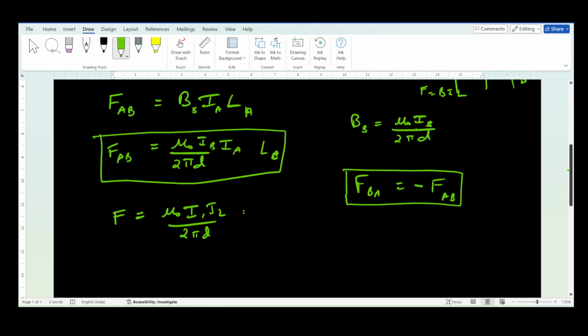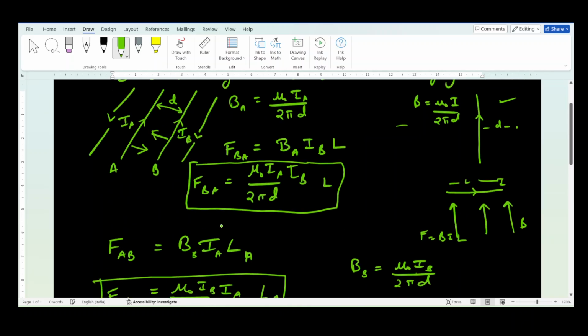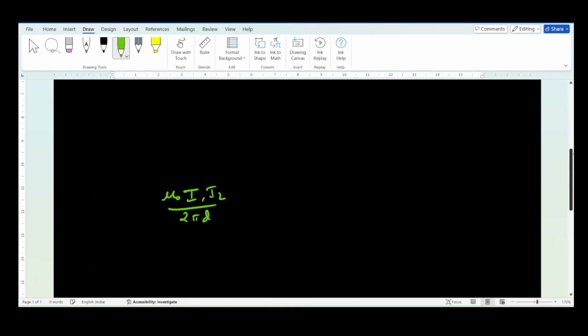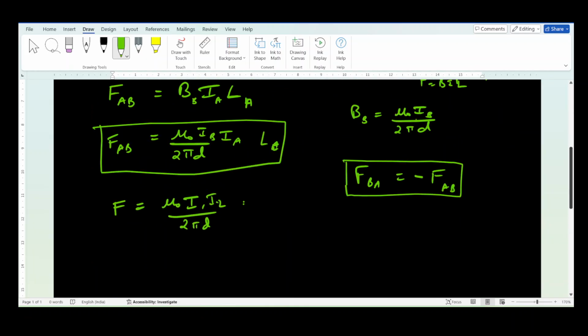I can take this length over here divided by L. So that is what we have. So force per unit length, I can talk about force per unit length, which is mu naught I1 I2 divided by 2 pi d. So this is another equation.